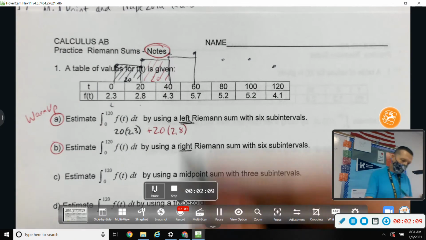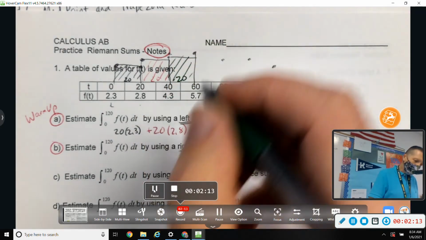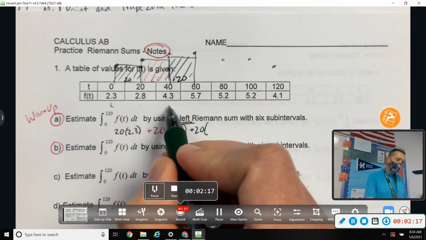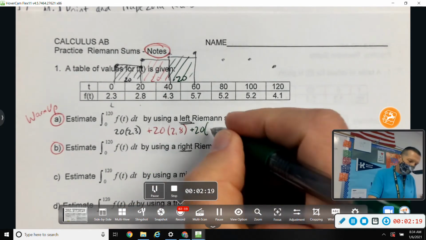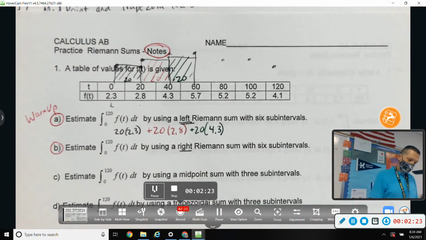And then the third rectangle, 40 to 60, is 20 wide, and I'll use the left-hand height, so 4.3 high. And I'm running out of colors. I think I got a blue up here somewhere.